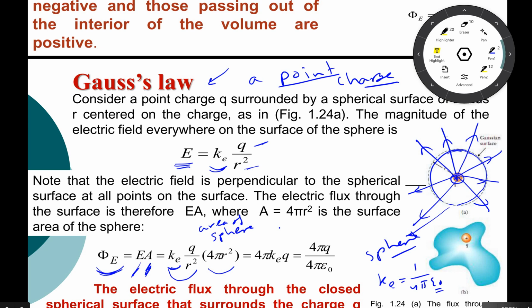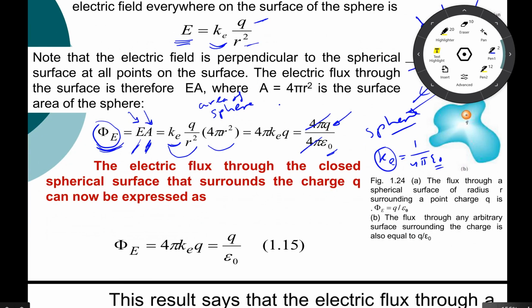If we substitute it, the 4 pi will cancel with the 4 pi, and at the end the number of the field lines will equal the electric field multiplied by the area of the imaginary surface, which will equal the amount of the charge inside that surface divided by epsilon 0. So here phi E equals E multiplied by A, which equals Q over epsilon 0. So this law is Gauss's law.